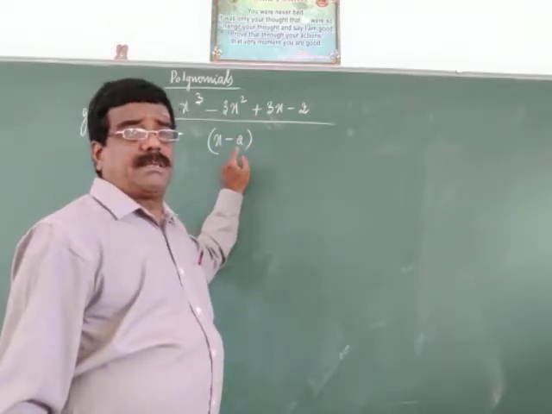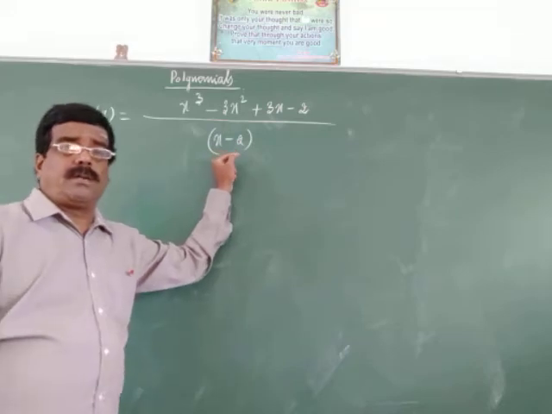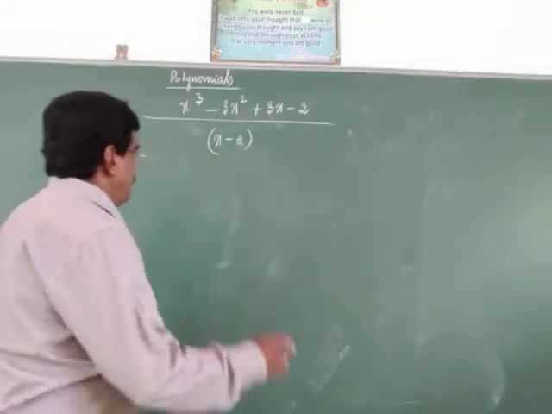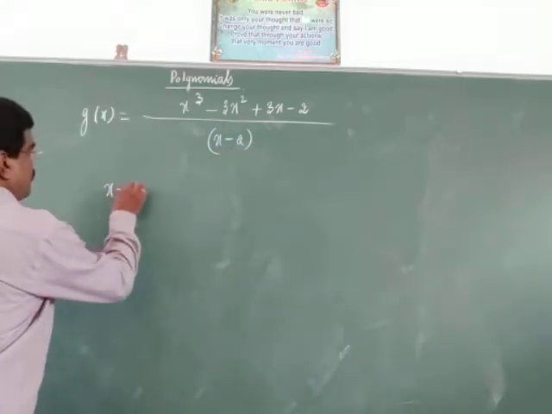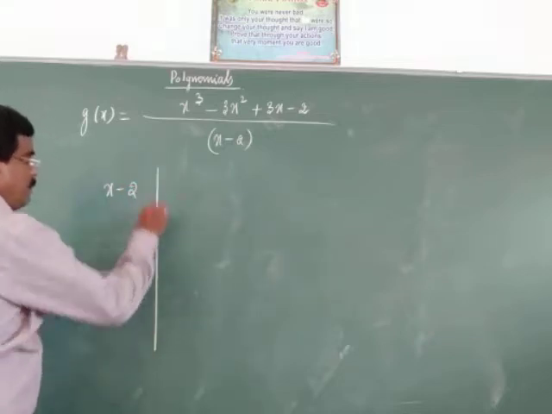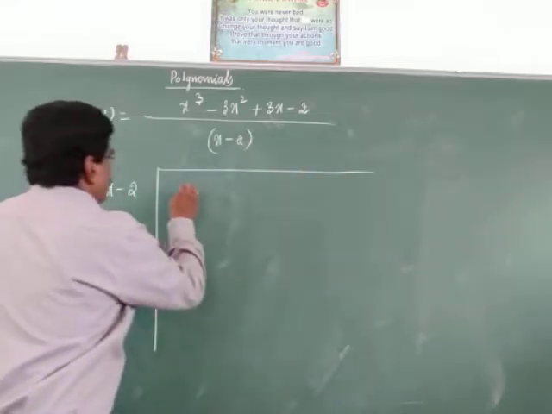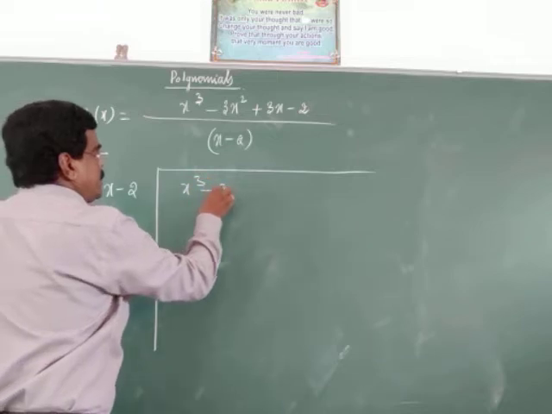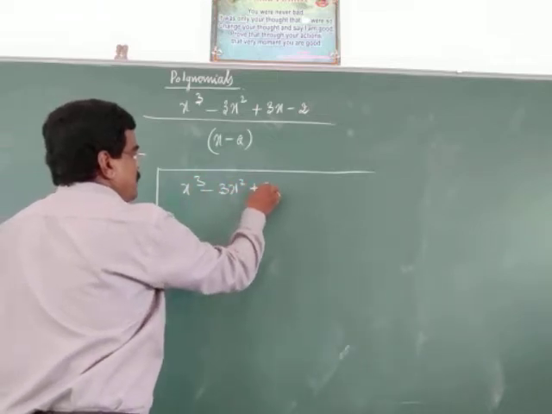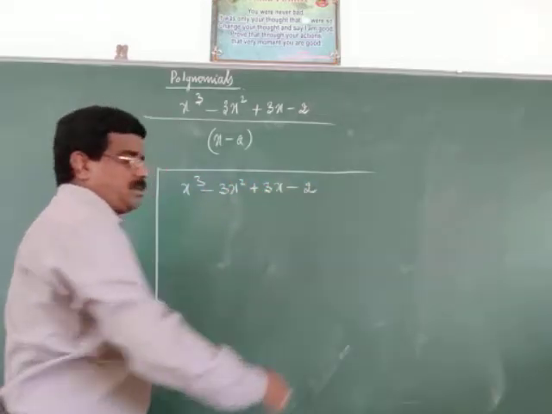This is again, children, just simple division. We already did it in previous days. That is x minus 2, then x cube minus 3x square plus 3x minus 2.